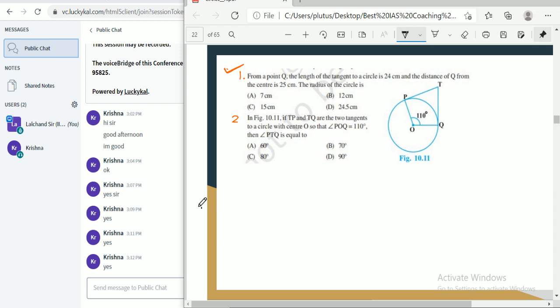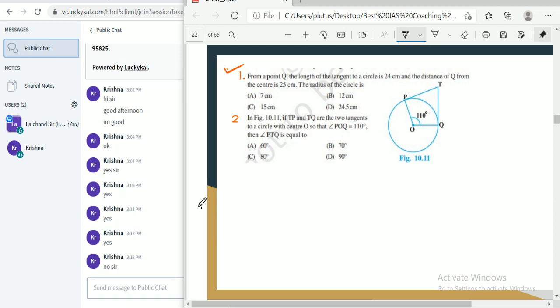Are you able to solve the first question, Krishna? No. What is the problem? Are you able to make the diagram of the first question?